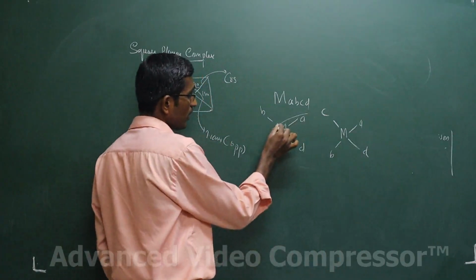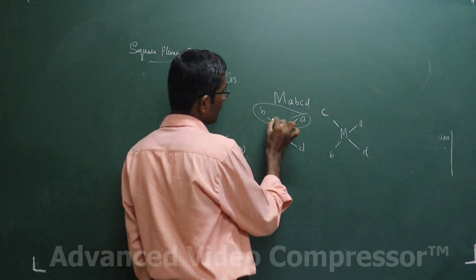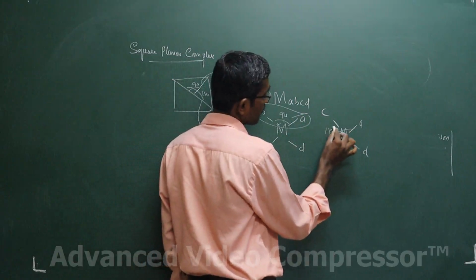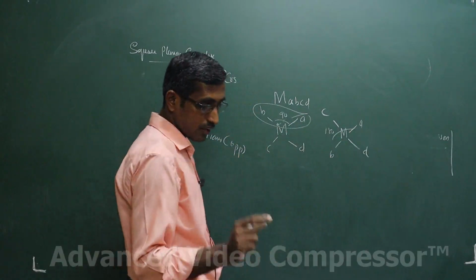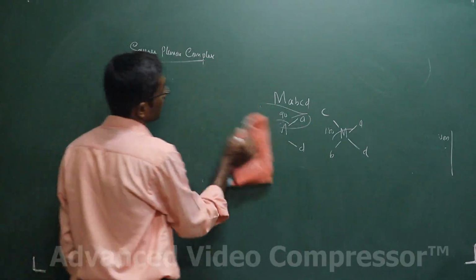In the first, the angle between A and B is 90 degree, and in the second it is 180 degree. That is why geometrical isomerism is possible in the square planar complex.